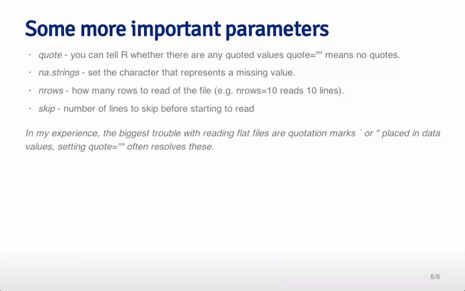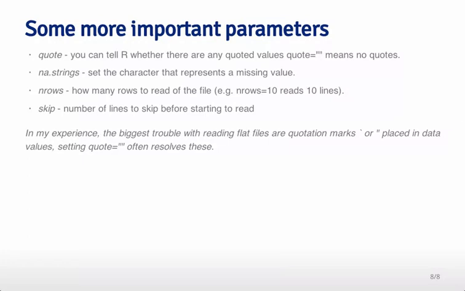The most typical character that you'll see in R data sets is NA, but that character might also be -1 or 999.99 or something else. nrows tells you how many rows of the file to read. For example, if you only want to read the first 10 lines of the file, you can use nrows equal to 10 as one of the arguments to the read.table function.